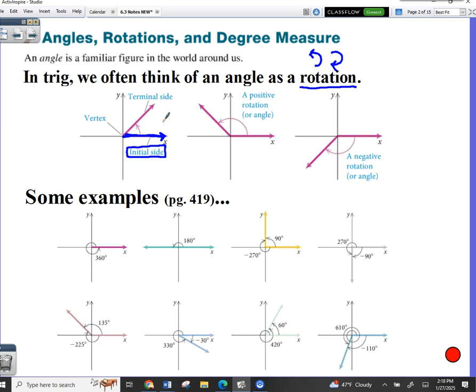So this ray stays put. The terminal ray, which is the one it's pointing to, is the one that actually rotates. It's the arm on a clock that actually moves. You with me? So it's the one that's doing the rotating. The other one stays put. Initial side stays put. Terminal side is moving.